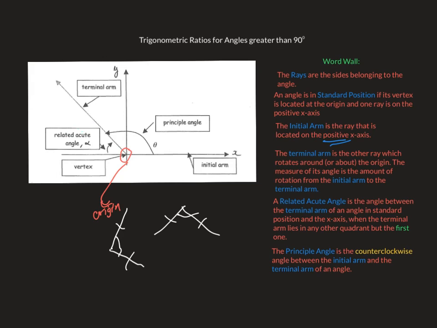You can see it's going counterclockwise here. Remember, the terminal arm is always the ray that's made after you do your rotation. If I rotate up to here, that's a terminal arm.